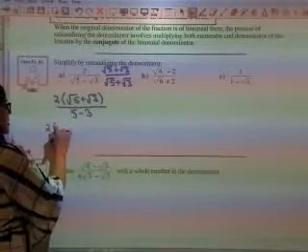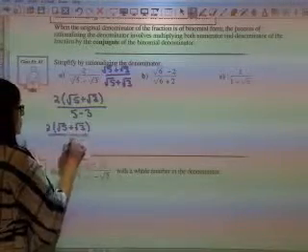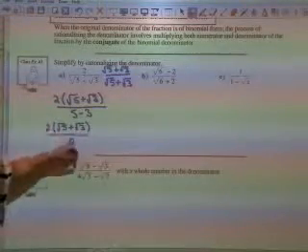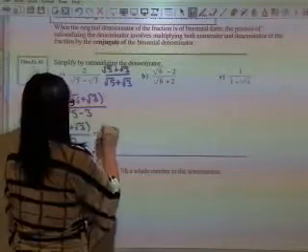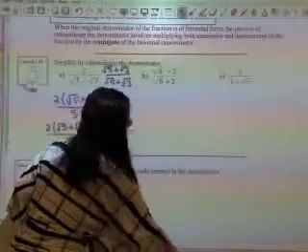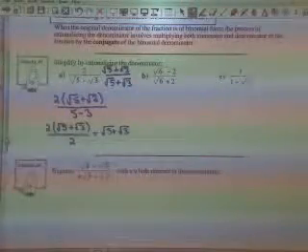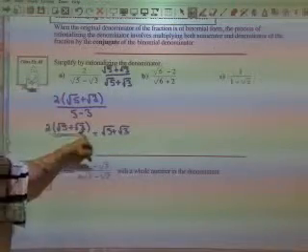So I get 2 times root 5 plus root 3 over 2. What's 2 divided by 2? 1. So I'm left with root 5 plus root 3 as a final answer. And that's part of why we leave the numerator factored until we're done, just in case we could cancel out a common factor.